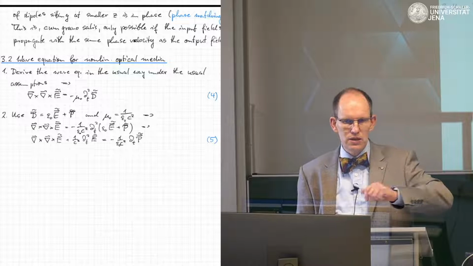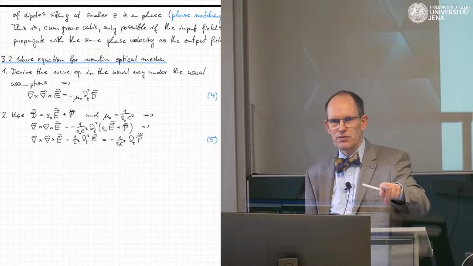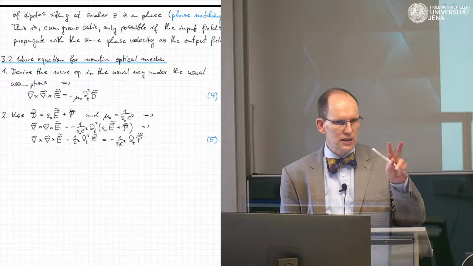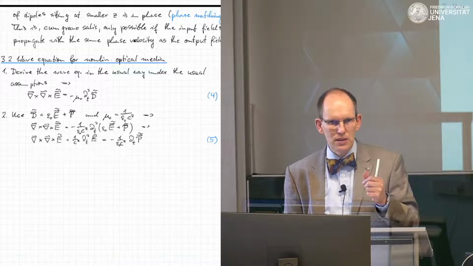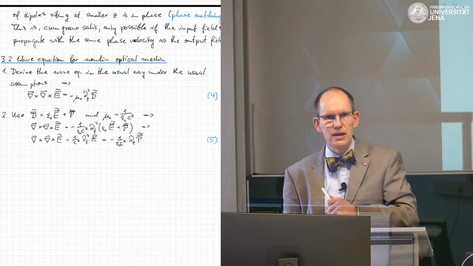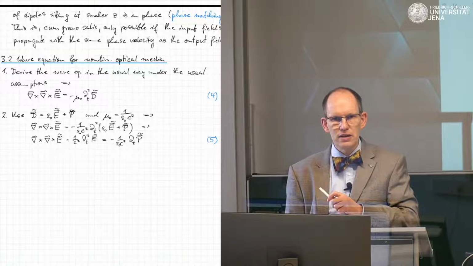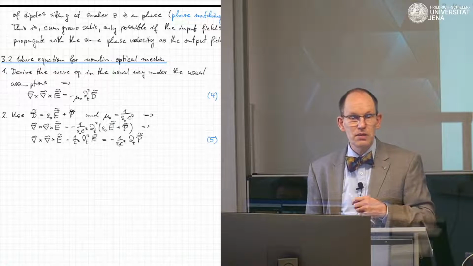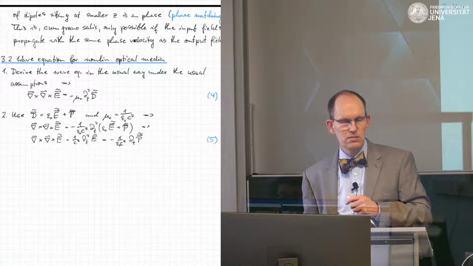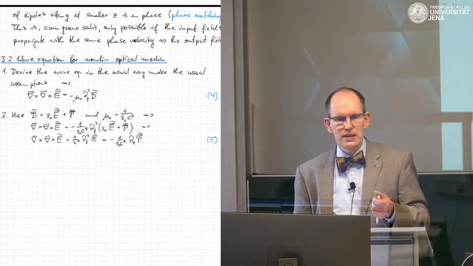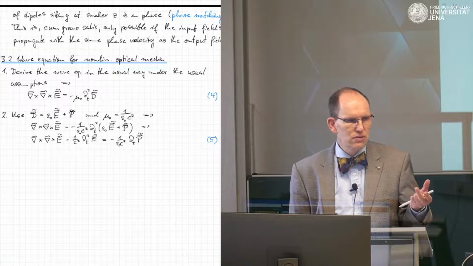And then you would write the D field as the sum of the E field and the polarization, and then you write the polarization as susceptibility times the E field, and then you see that the divergence of the E field must also be 0. Well, in nonlinear optics, this doesn't work for 2 reasons, actually.